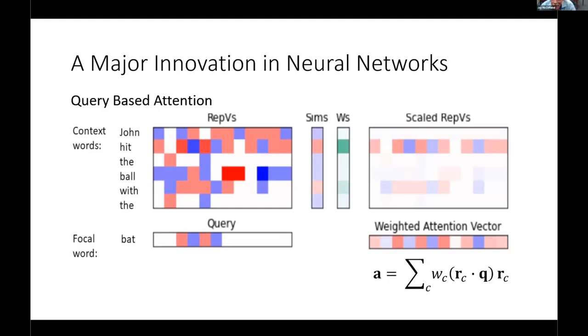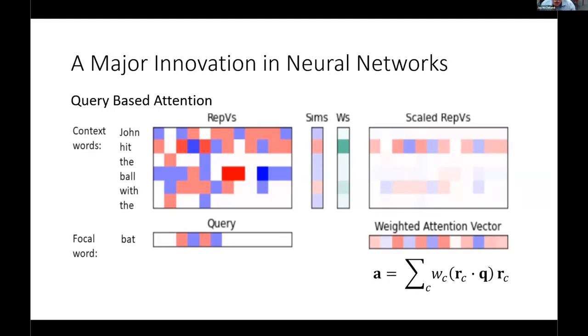In this case, I imagine that the query is asking, what's the verb in the preceding text? Because if the verb is "hit," that might tell you that this is something you would hit something with. If it was "fly," it might tell you that this is a small flying mammal.